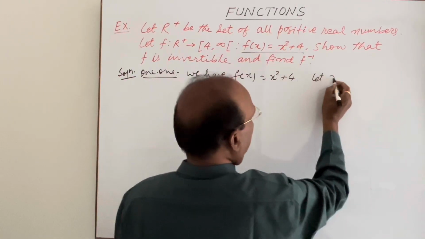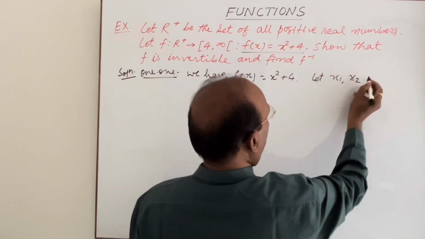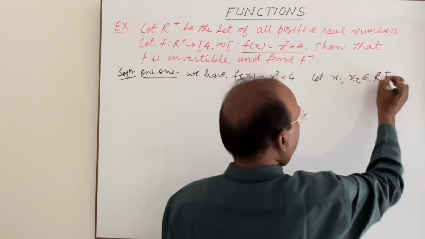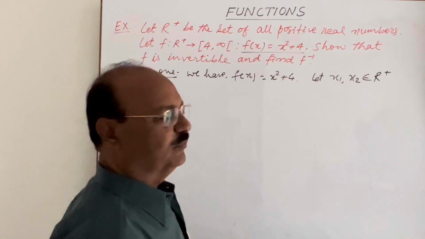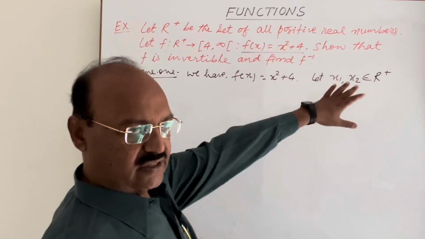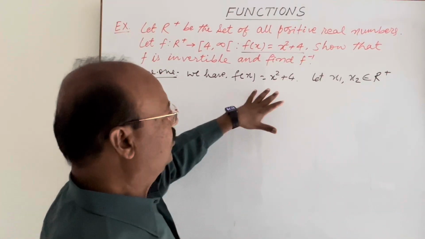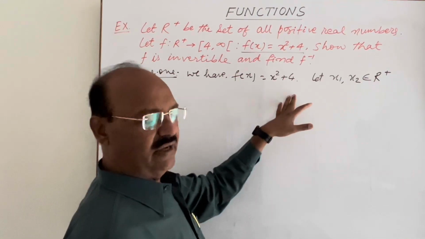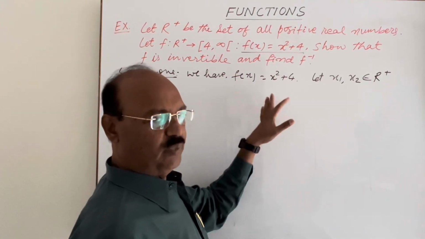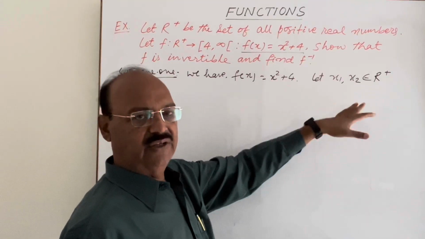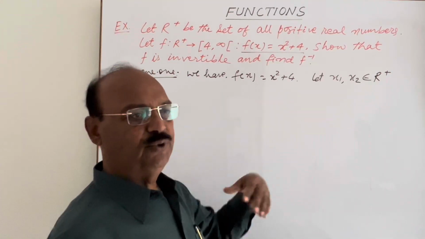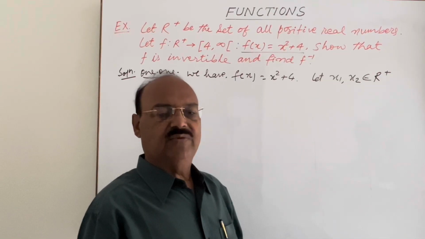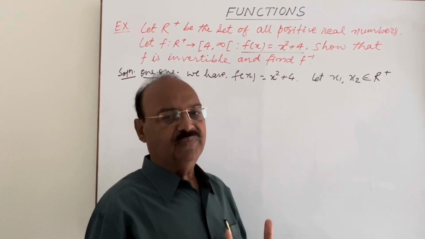Let us suppose that x1 and x2 are two elements of the set of positive real numbers. Here we need to show that if we start with f(x1) is equal to f(x2), then it will imply that x1 is equal to x2. It means if two images are same, then pre-images will also become same.